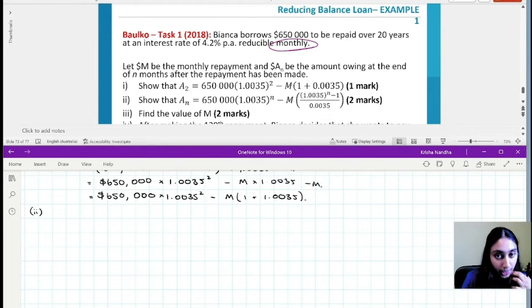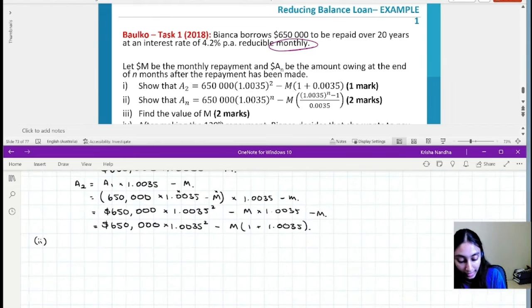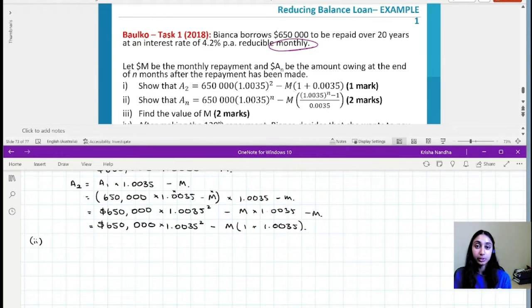Part II says show that A_n is equal to 650,000 times 1.0035 to the power of n minus M times this weird looking bracket that says 1.0035 to the power of n minus 1, all on 0.0035. The way that you could first approach this is by continuing this pattern a little bit more.